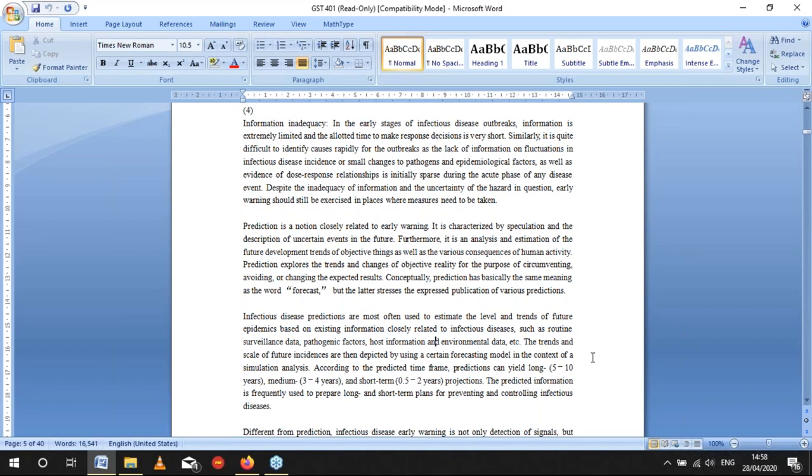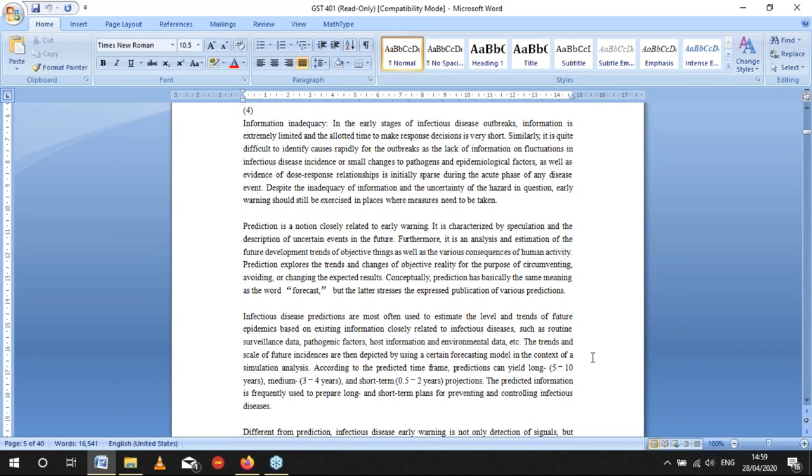I repeat, early warning can be seen as a special type of prediction or a special application of prediction technology. Okay, I think we can move forward now.